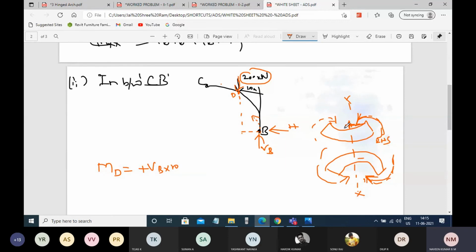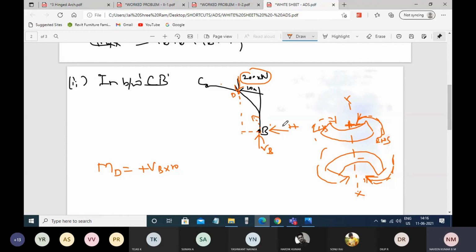Please don't confuse this. In case of LHS, you won't get any confusion, but in case of RHS, the anti-clockwise rotation will be considered positive, and clockwise rotation will be considered negative.